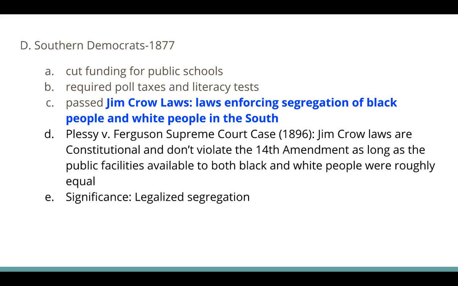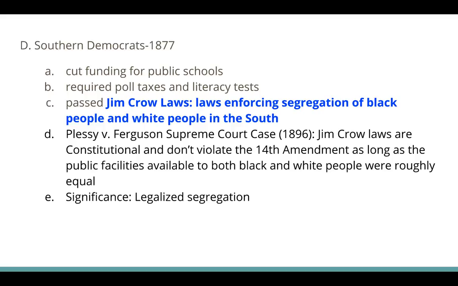So perhaps you've heard of the phrase "separate but equal." This case is where that phrase comes from. The significance of this Supreme Court case was that it legalized segregation and said that it was okay to separate the races.